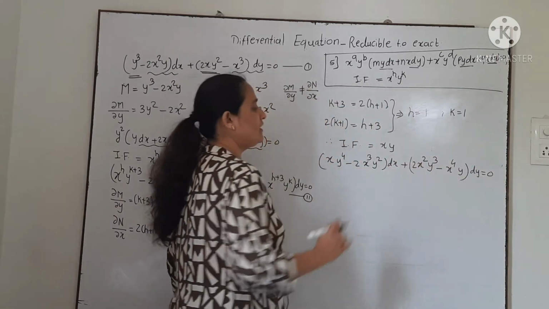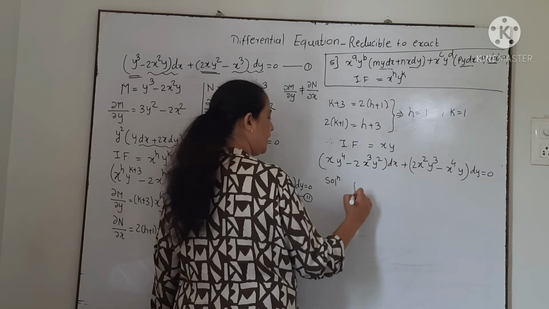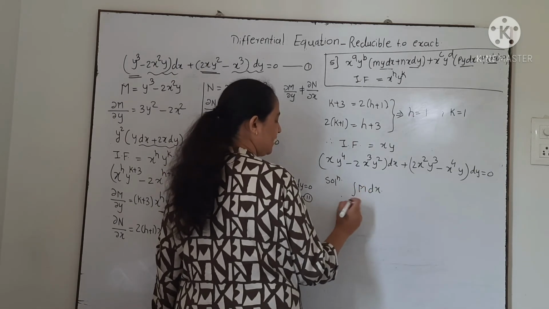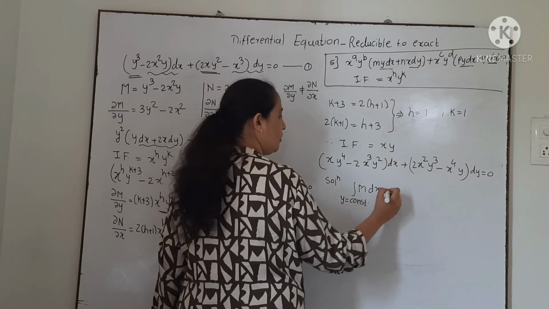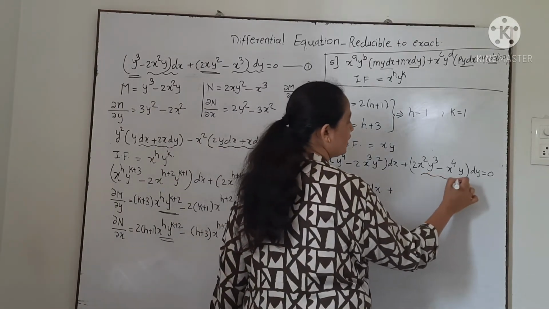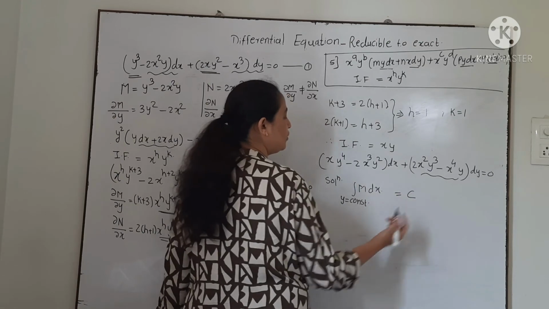Now this equation is exact. We'll find the solution. We have the formula integral m dx, once the equation is exact, integral m dx treating y as constant plus terms of n free from x. If you observe this, there is no term which is free from x. Therefore, we can say its solution will be equal to c.